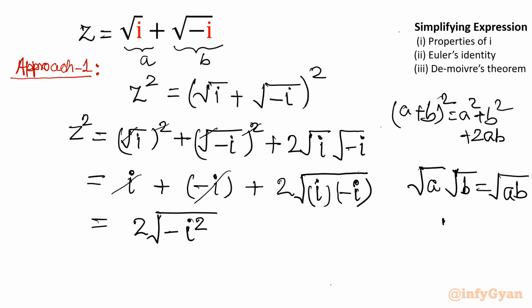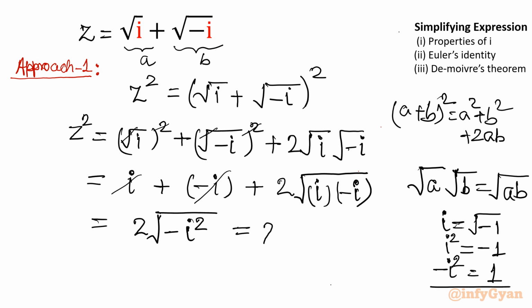Now we know that because i is equal to square root of minus 1, i square is equal to minus 1. So minus i square will be plus 1. So I am going to substitute here. That will be 2 square root of 1. Square root of 1 is 1, so the answer will be 2.